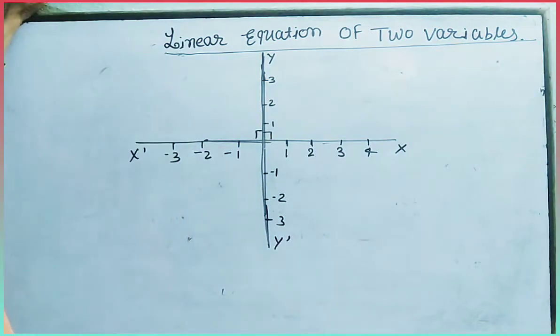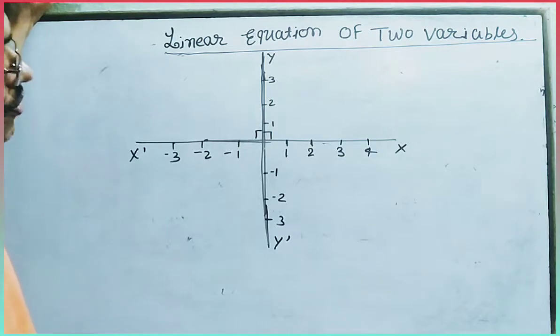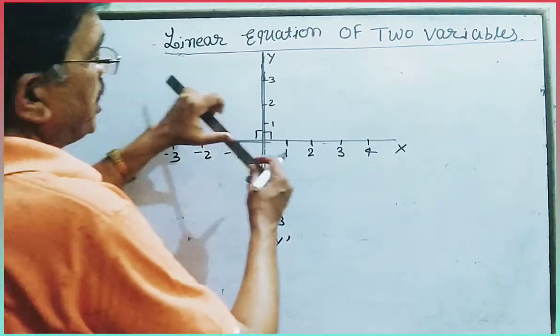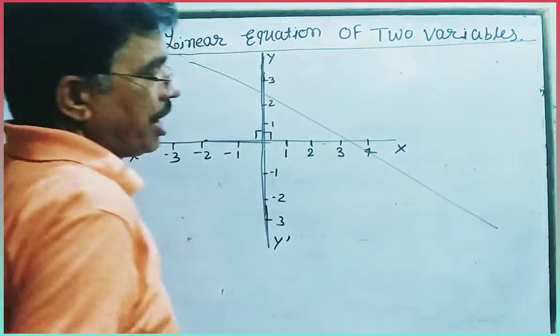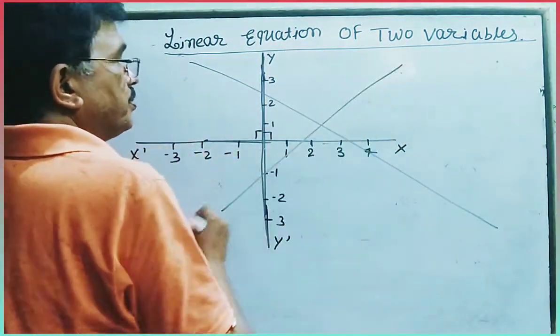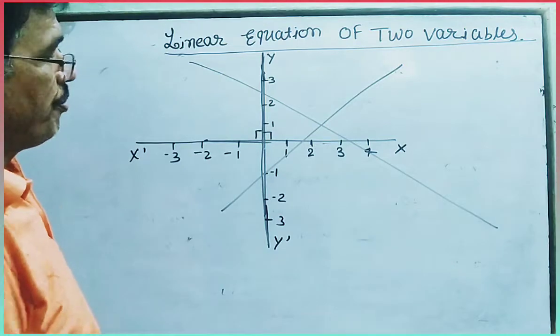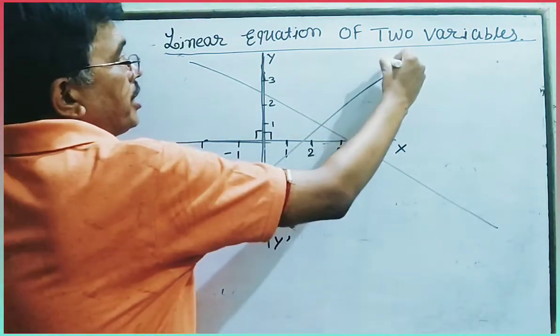First, we will discuss how many types you have to read in class 10 by the graphical method. When your graph lies like this, with one line here and another line there, then both lines intersect each other.